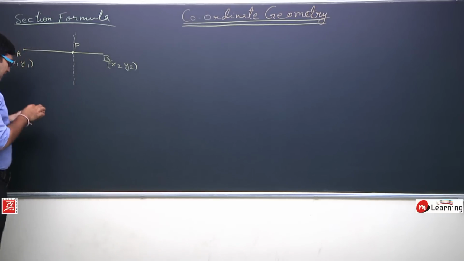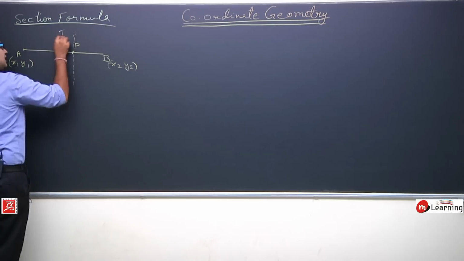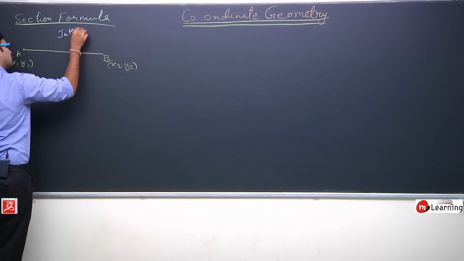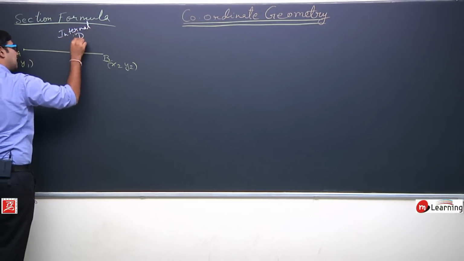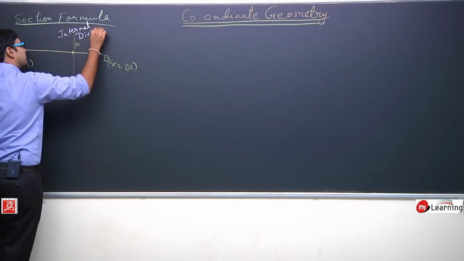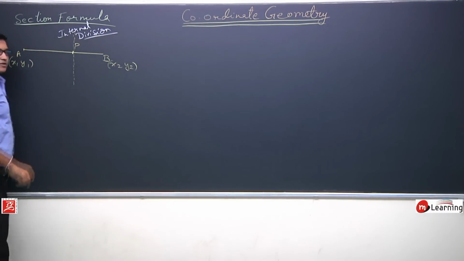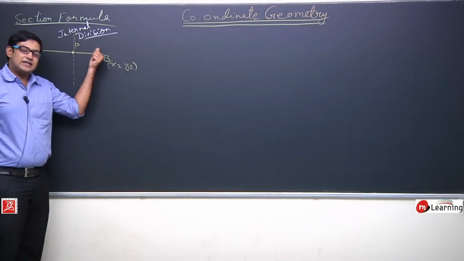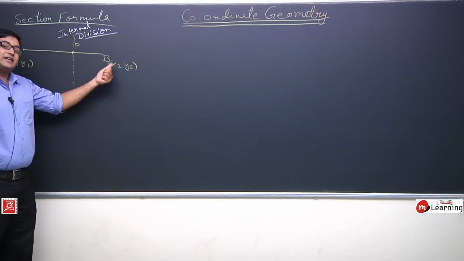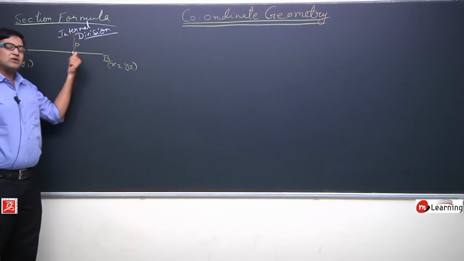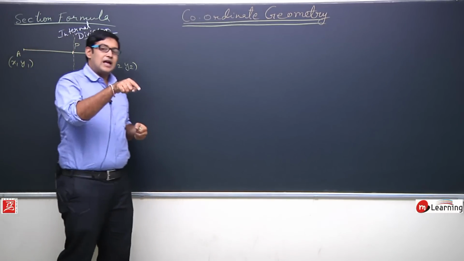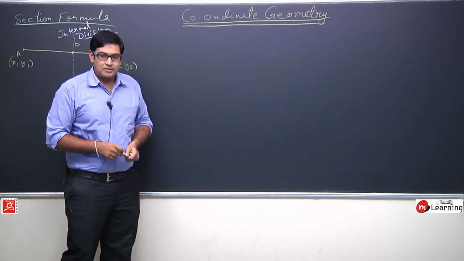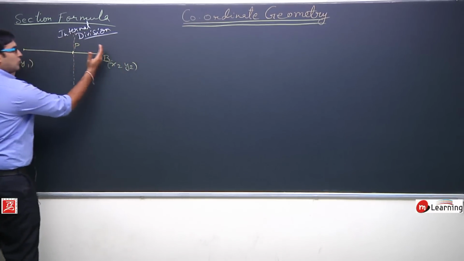So I will call this internal division. I am calling it that the P point divides this AB line internally. Why internally? Because this P point lies on the line segment AB, inside these two points.